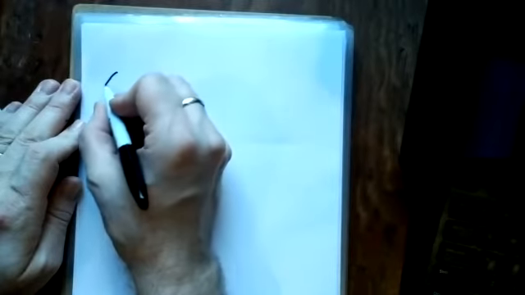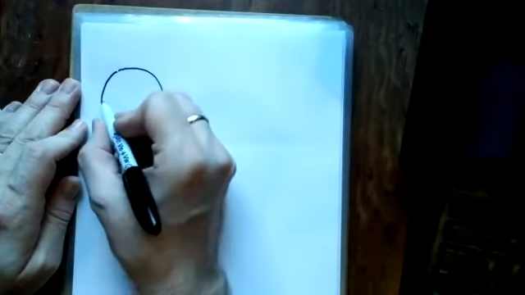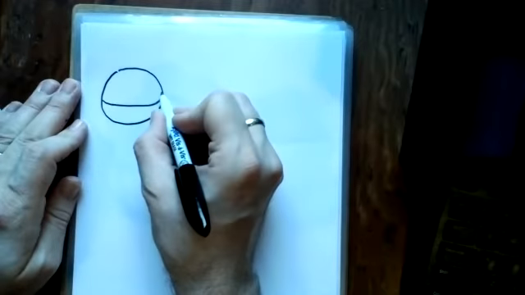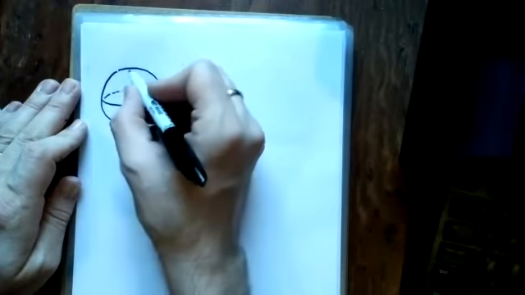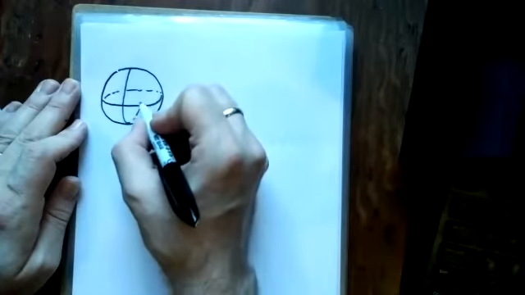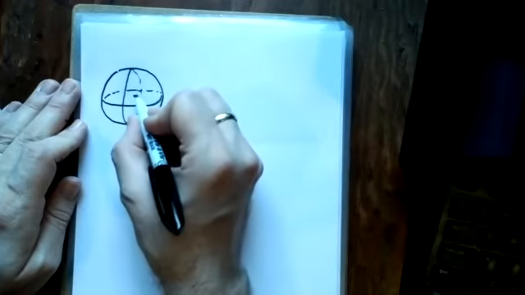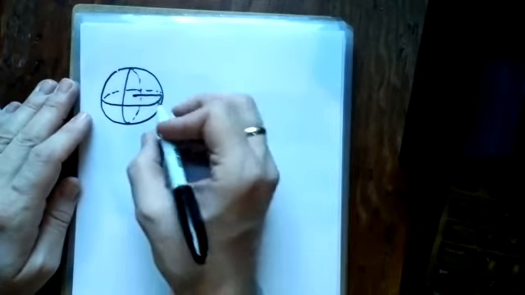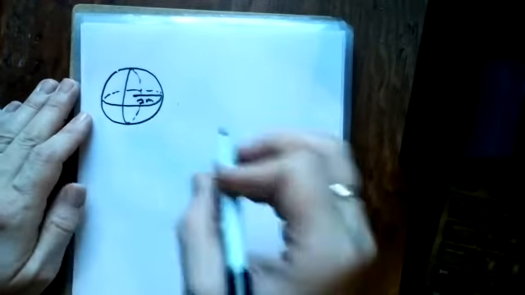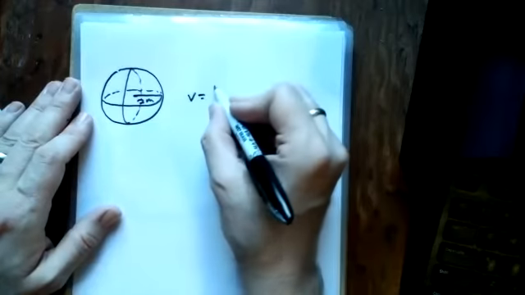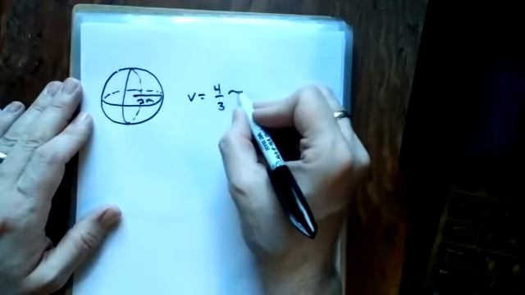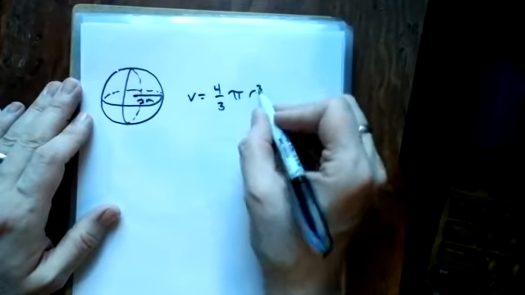Looking at something like a sphere, so with a sphere, we're going to use our formula for that. In this case, our volume is 4/3 times pi times our radius cubed.